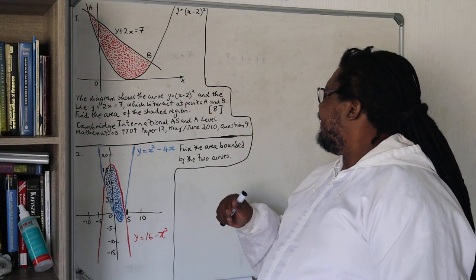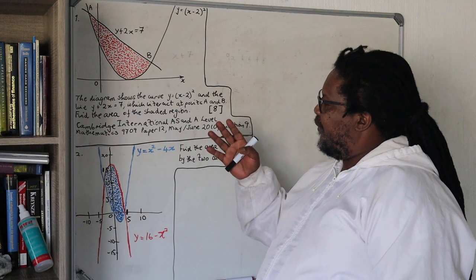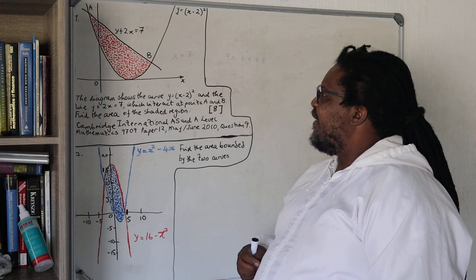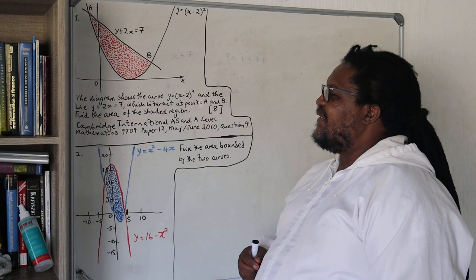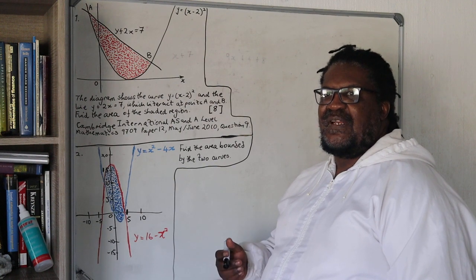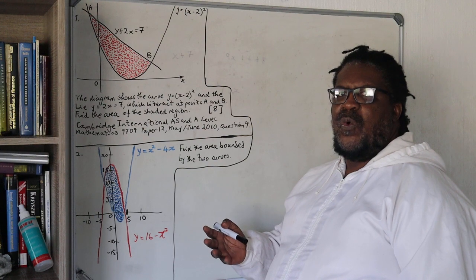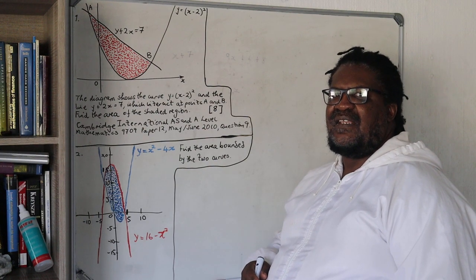The first question had 8 marks, and both questions are actually on the area that is bounded by two curves. A lot of students, when they are doing this, are not privy to where you apply these ideas.